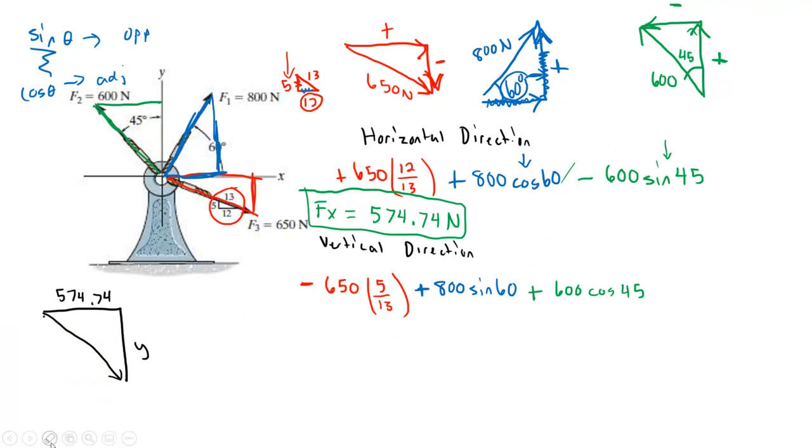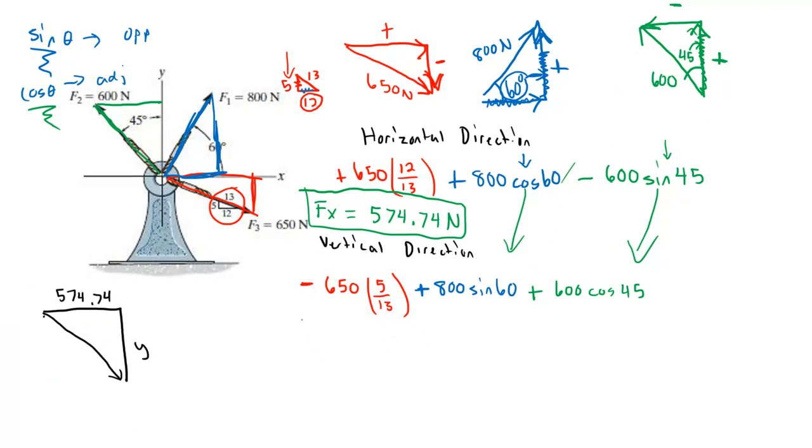Okay. So we are looking for this side. This side is touching the 45 degrees, so therefore it is adjacent, and you use cosine. Okay, so you see how they're opposites. Cosine turns into sine, sine turns into cosine.